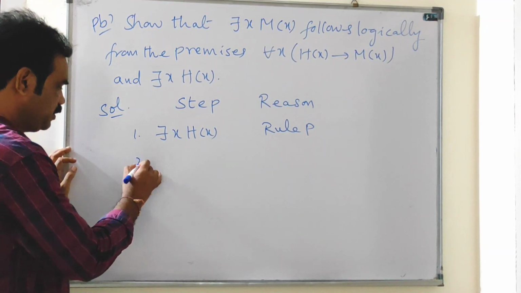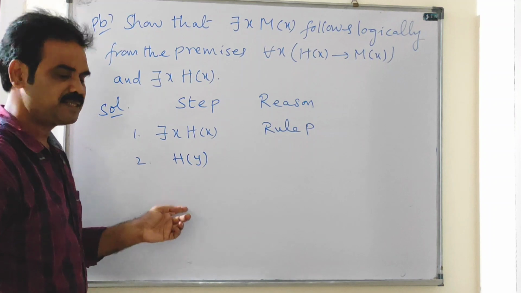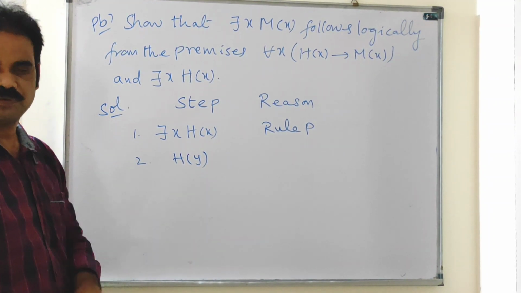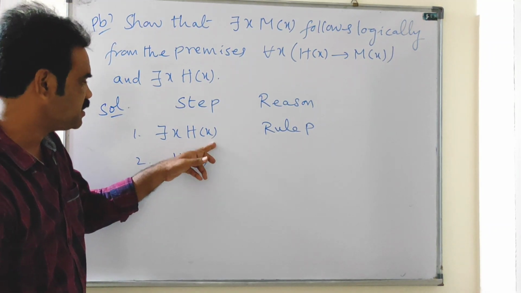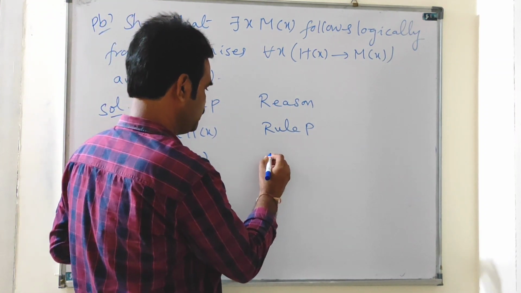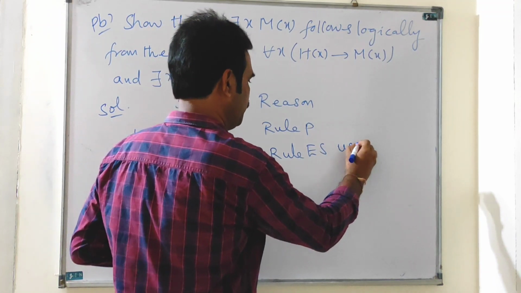From this, H of y. You know that the existential specification rule is: there exists x P of x, therefore P of c for some element c. Here there exists x H of x, therefore H of y for some element y. This is rule ES using 1.